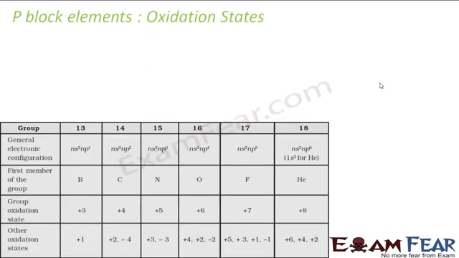Now we'll talk about the oxidation states. So if you see the oxidation state, as I told, for group 13 the maximum oxidation state is +3, group 14 is +4.